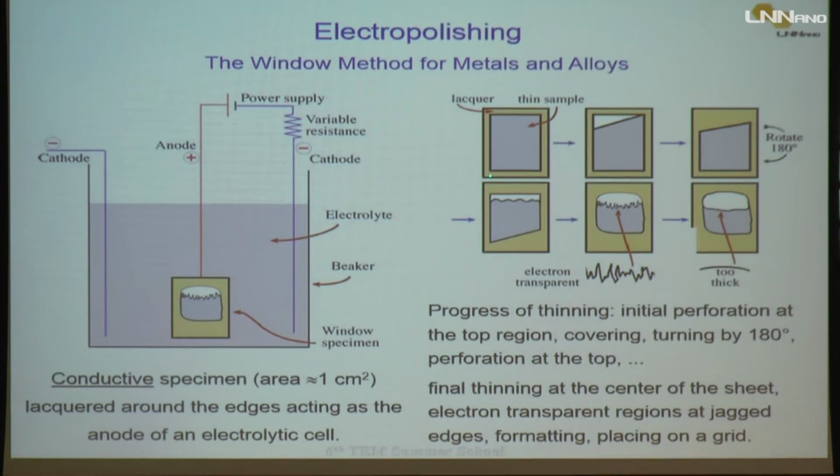You need to cut your sample to 100 micrometers, for instance, and then you protect the side of the sample, start the polishing, and then you have a first hole, and then you protect it again, rotate it, start again the polishing, you have it thin, and you go and go and go until you have the electron transparency. But it's usual that you do not get the electron transparency. It's very difficult to work with this technique.